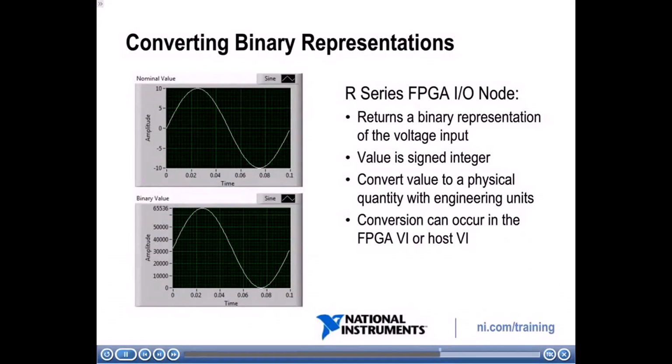If we want to convert 0 to 65,000 into engineering units, for example negative 10 volts to 10 volts, then we would need to do some sort of conversion. You can either do this conversion on the FPGA VI, or you could also send it to the host and have the host handle converting that binary representation into an engineering value.